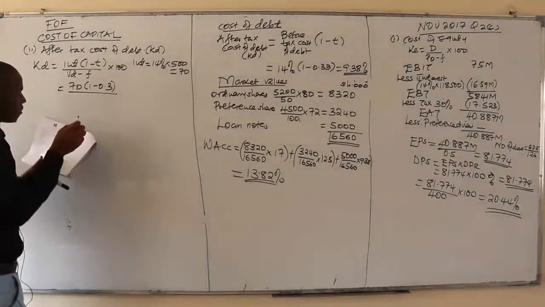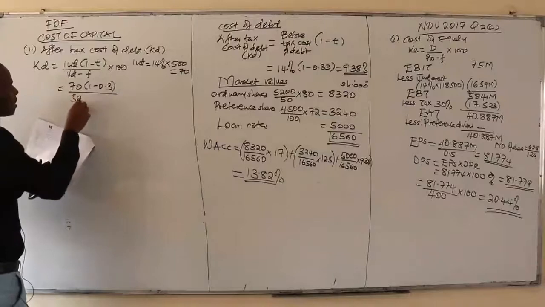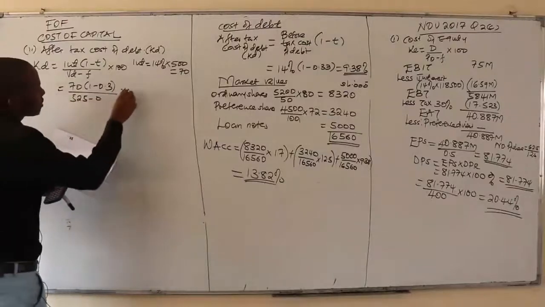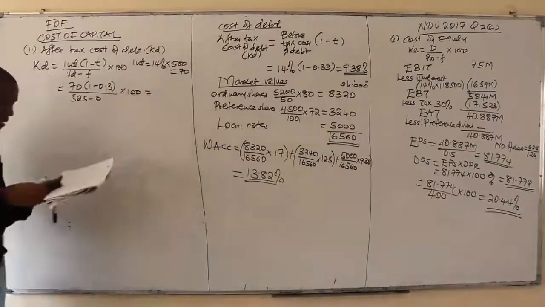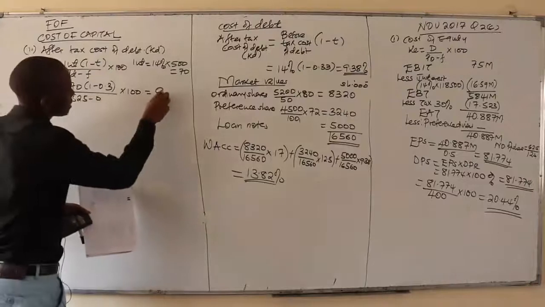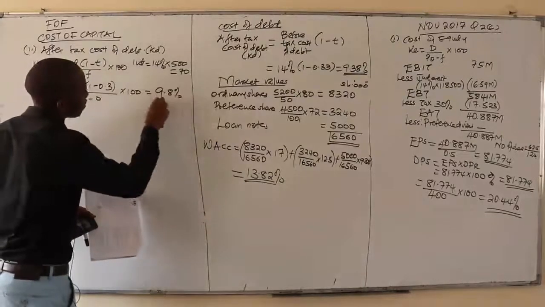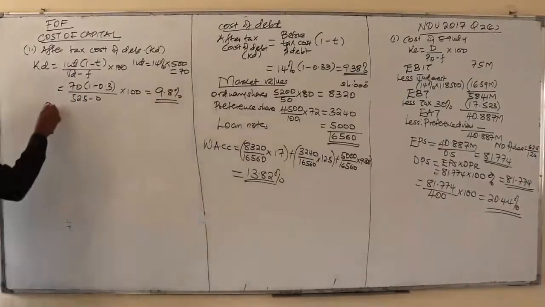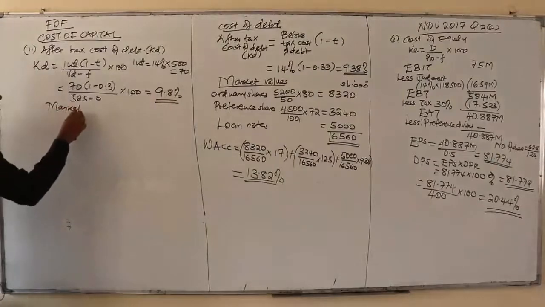On additional information number 3, they are trading at 525. No protection cost, then you multiply by 100. And in that case, it will be 70, multiply by 0.7. You divide by 500, then you multiply by 100, which in that case is giving you 9.8%.